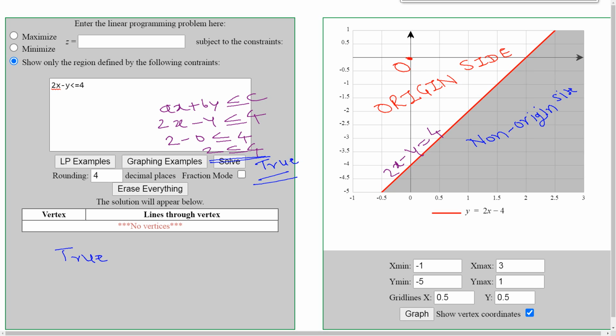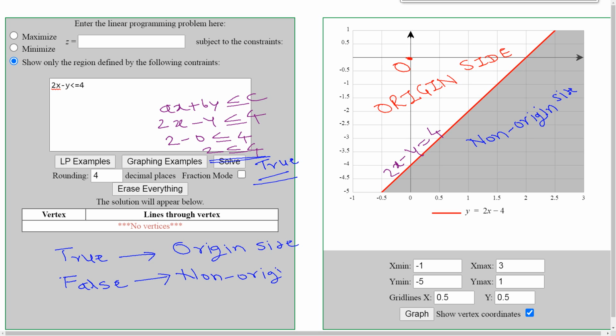Let me give you the thumb rule. If the answer is true, then you have to shade the origin side, and if the answer is false, on substituting the values in the inequality, if the inequality doesn't hold or we get it as false, then you have to shade the non-origin side.